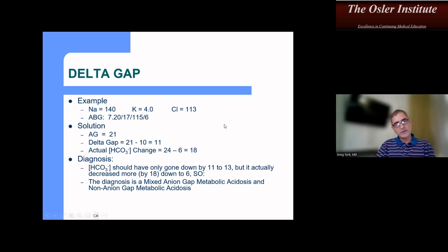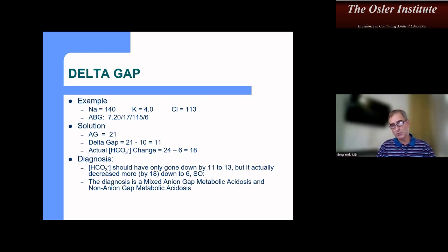So interpreting that would make you say, well, for this to be a straightforward anion gap metabolic acidosis, nothing else, my bicarb should have dropped to 13.